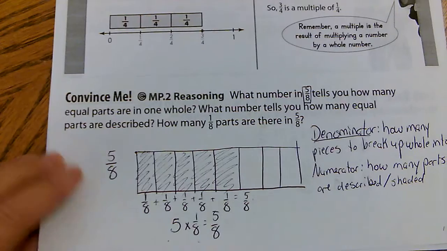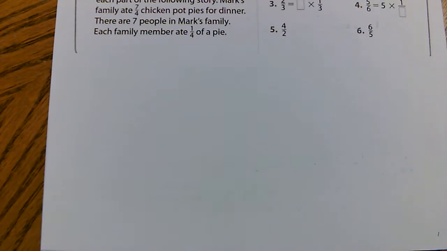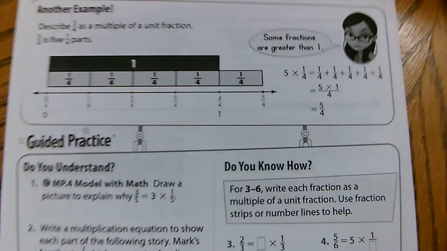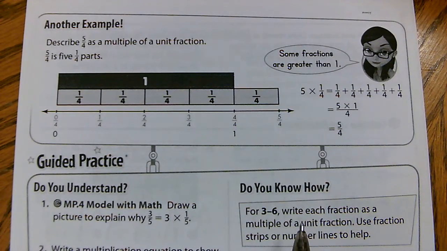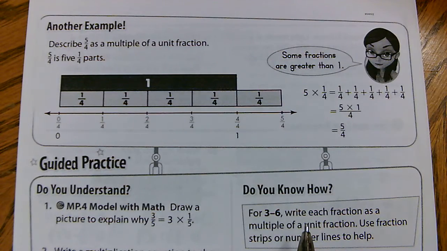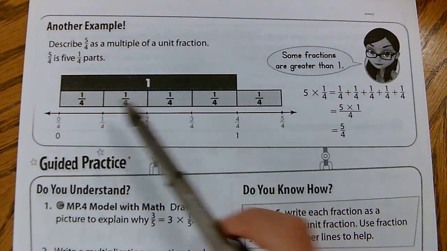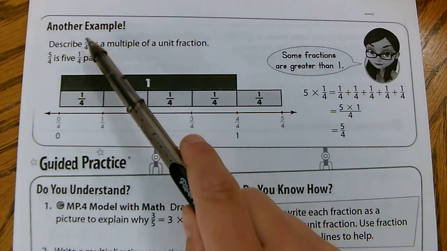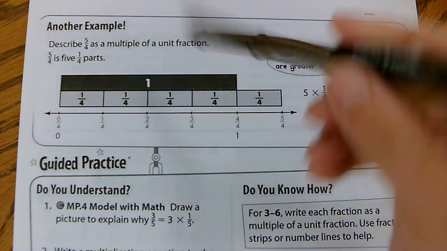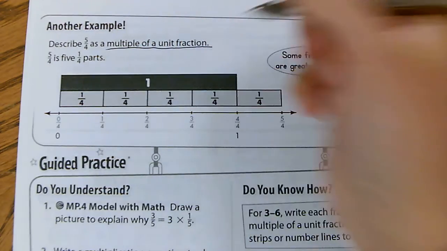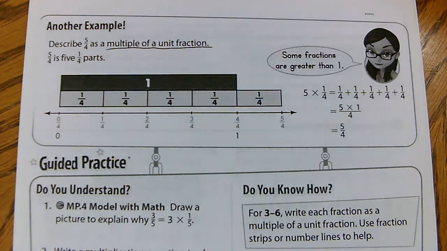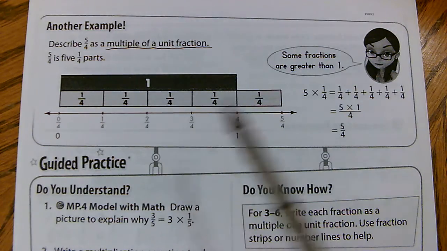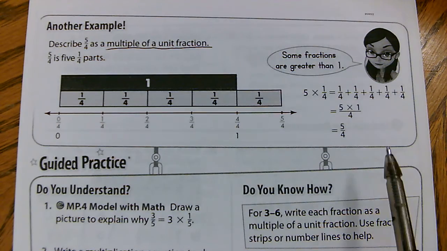So let's go ahead and practice this a little bit. I'm going to flip to my next page, and I'm actually going to take a look at the top, because this is a really important part too. Not only can multiplication help us with fractions that are smaller than one whole, but they can also help us with fractions that are bigger than one whole. So it says describe 5/4 as a multiple of a unit fraction. So how can I split up 5/4 into unit fractions?